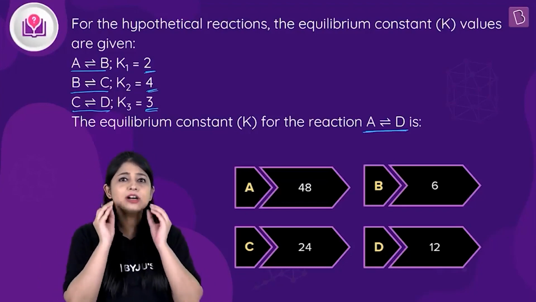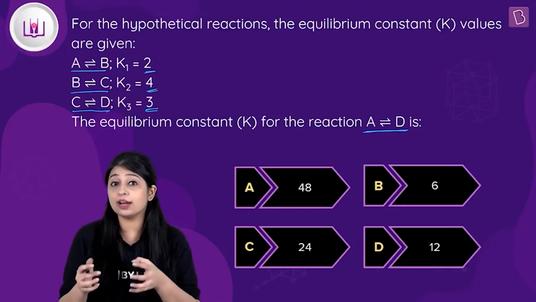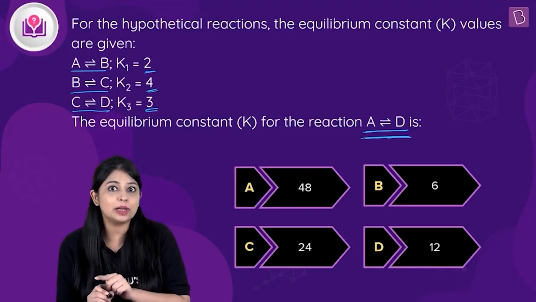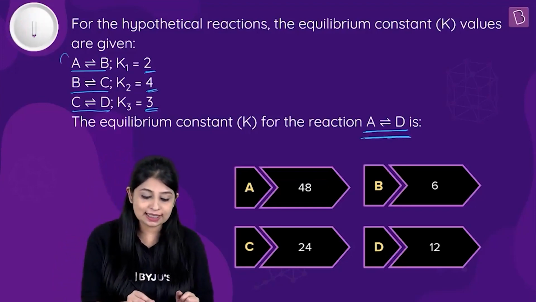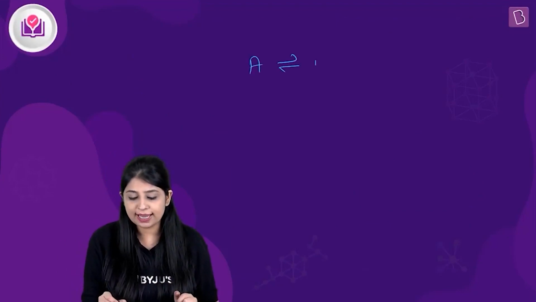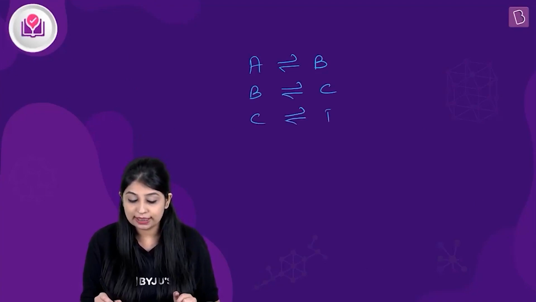Right? So the first thing that you have to do is arrive at this reaction in which A is in equilibrium with D through these 3 reactions. And how would you do that? Well, let's see. A is in equilibrium with B, B is in equilibrium with C, C is in equilibrium with D, right?